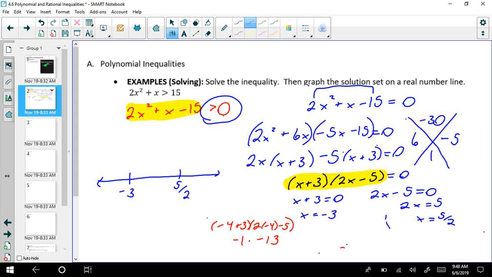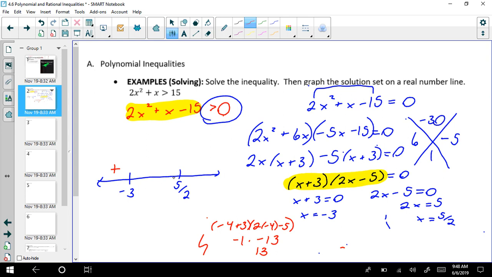So I get negative 1 times negative 13. So do you agree that I would get a positive number out? So I'm going to mark on my number line, if I pick anything left of -3 and I substitute it in, I'm going to get a positive answer out.